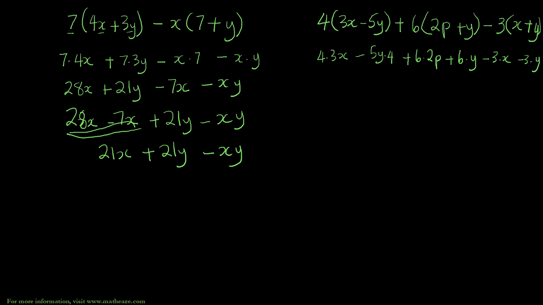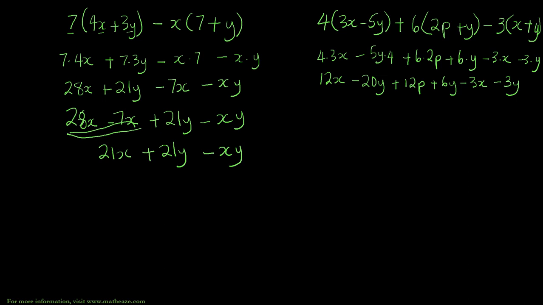So let's do this. 4 times 3x gives us 12x. Minus 5y times 4 gives us minus 20y. 6 times 2p gives us 12p. 6 times y gives us 6y. Minus 3 times x is minus 3x, and minus 3 times y is minus 3y.